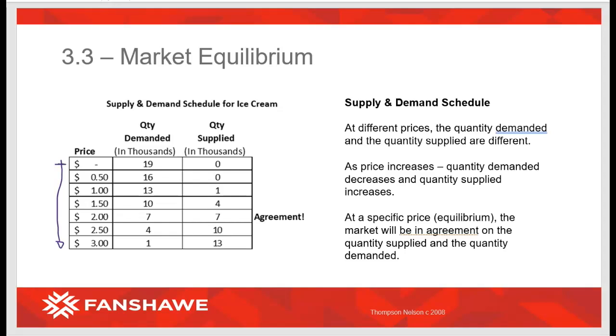The quantity demanded, and these are just some made up numbers, but if the price is zero, then the quantity demanded may be 19,000 units, right? That's just a made up number. It's a small town, right? But that's the most ice cream that anybody's going to eat. 19,000 units. If they're giving it away for free, then we all eat ice cream until we can't eat anymore.